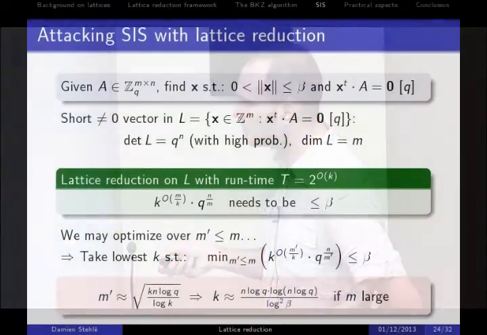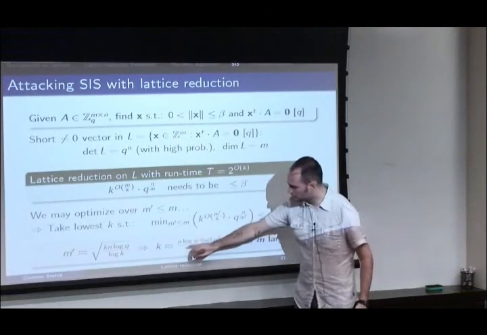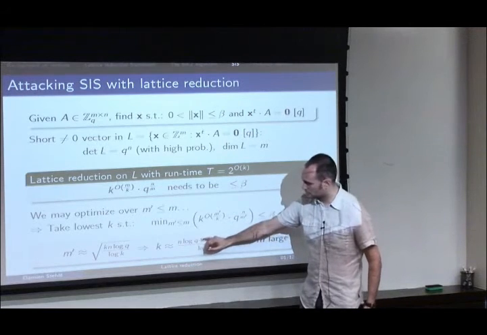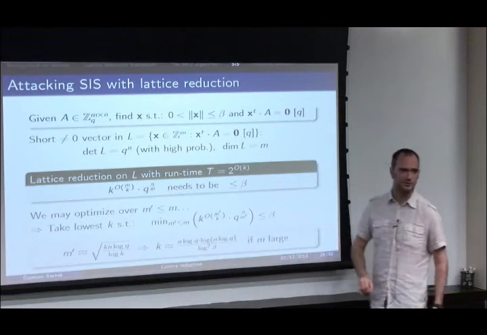In particular, if m is larger than this value, the optimal m prime is this value, and the k that we get, so the cost, is 2 to the n log q times a factor linear in the previous one, divided by log squared beta. This is the asymptotic cost of solving SIS with lattice reduction.